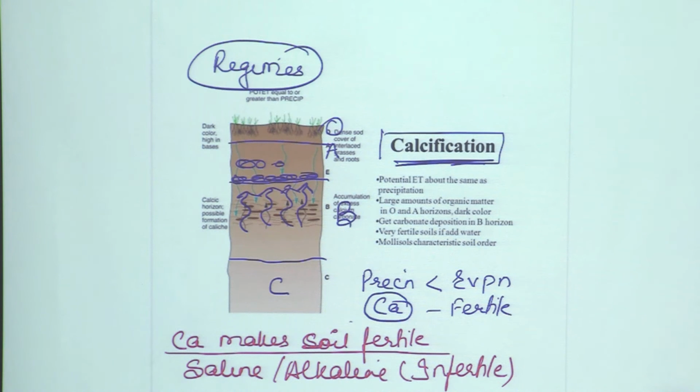What is the process applied here? It is capillary action. In which area will capillary action have its prominence? Areas where precipitation is less than evaporation.